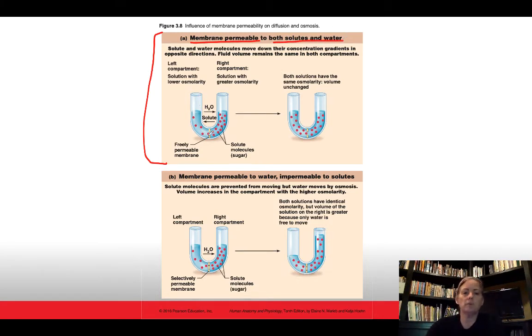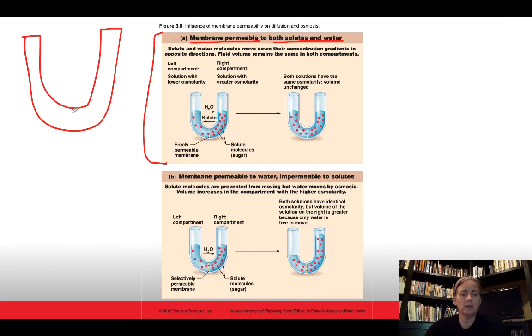And so what we see in this first part here, if I kind of reproduce that in this area here, and we've got kind of our freely permeable membrane. On the left side, we've got a certain amount of solutes. On the right side, we have many more solutes. You can see on the right side there.